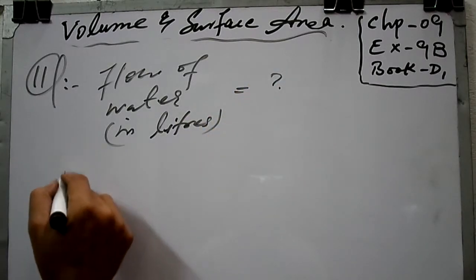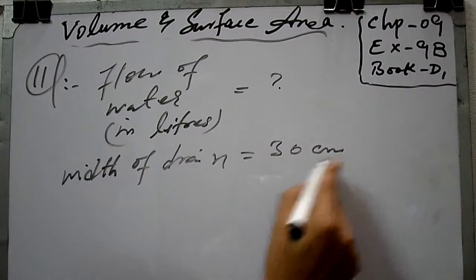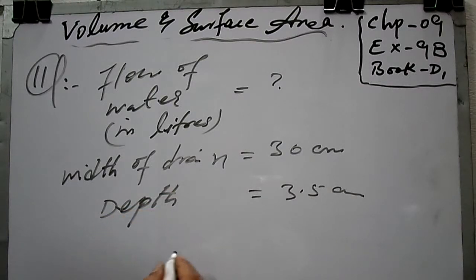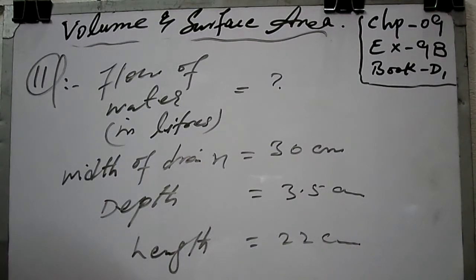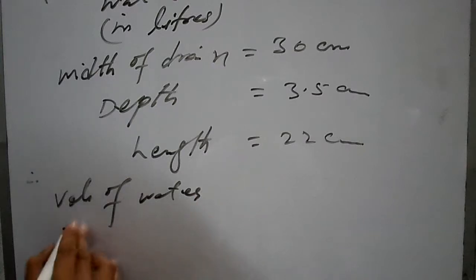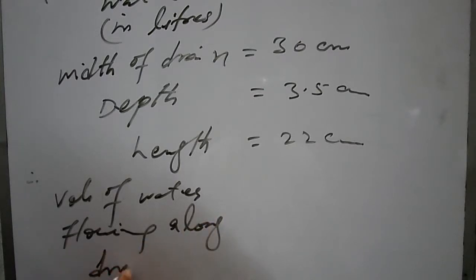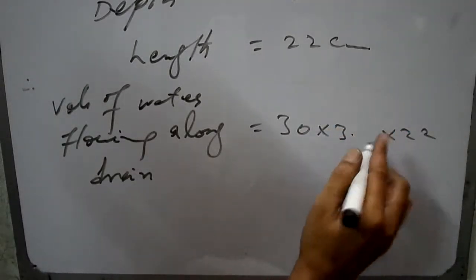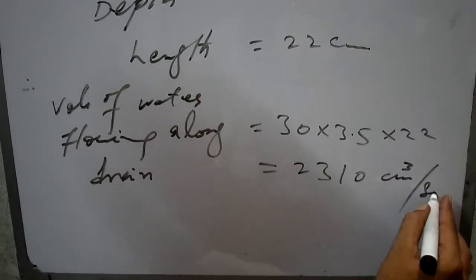So width of drain, depth, length. Volume of water flowing along drain is 30 into 3.5 into 22, that is 2310 centimeter cube per second.